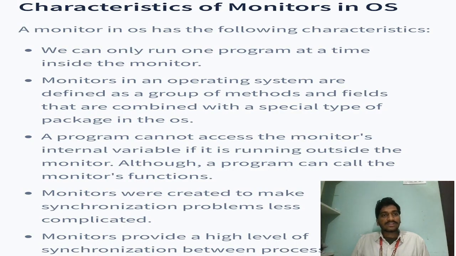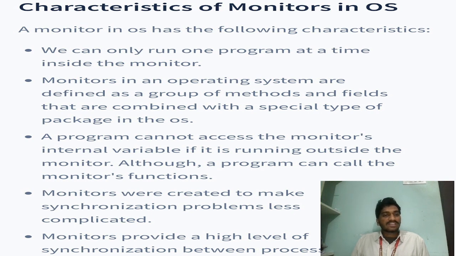Next, we're gonna discuss characteristics of monitors in OS. A monitor in OS has the following characteristics. First, we can only run one program at a time inside the monitor. As I have said, no two programs can run at a time inside the monitor.